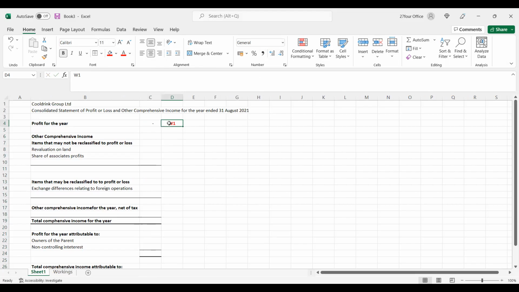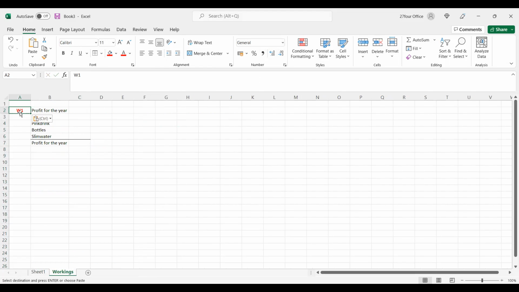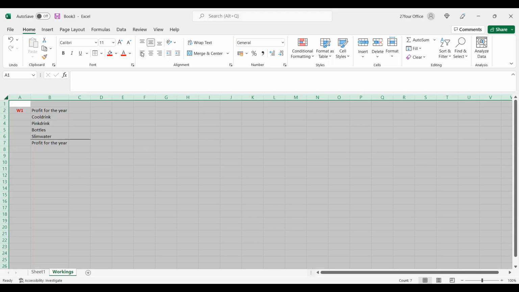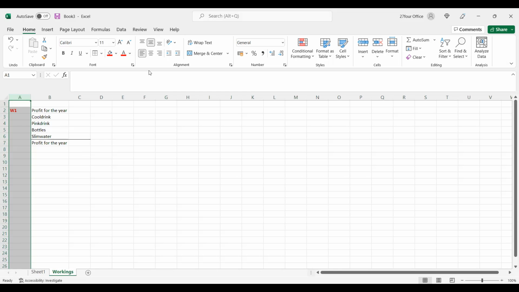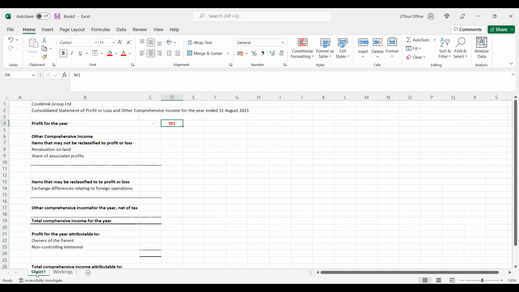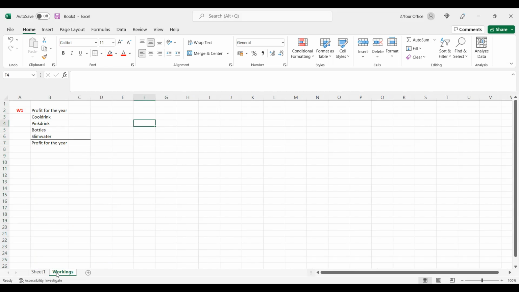I'm going to tell them they can go look at working 1. So if working 1 is not right, they will come look at working 1. Okay, so now I know my 35 marks is going to come along nicely. Okay, so I'm going to have working 2.